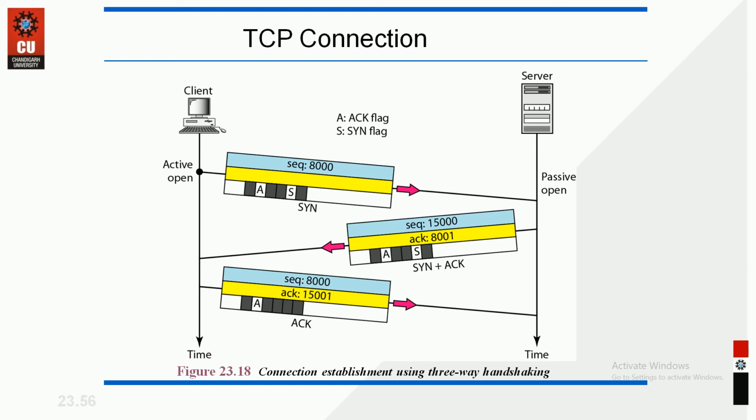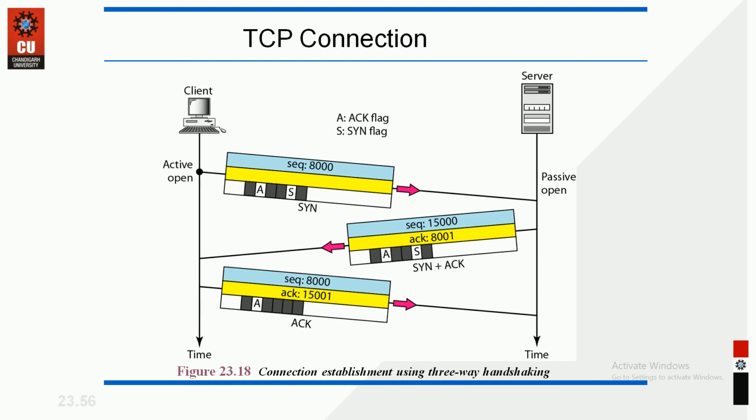Because the source has sent the sequence number 8000, so it replies with the next sequence number, that is 8001. So it will reply with SYN plus acknowledgement. The client sends only the SYN data: the value of A is 0, the value of SYN is 1, and the sequence number is 8000.